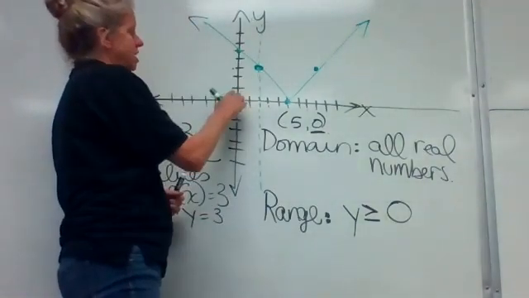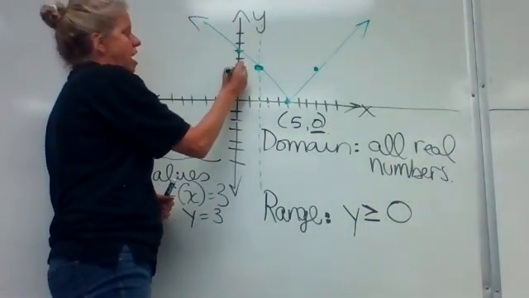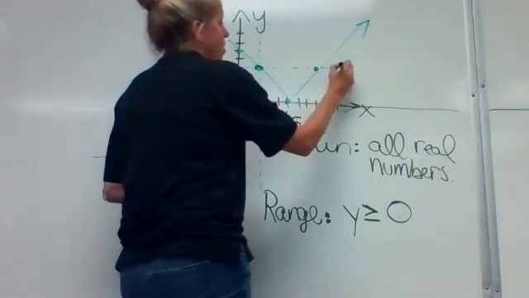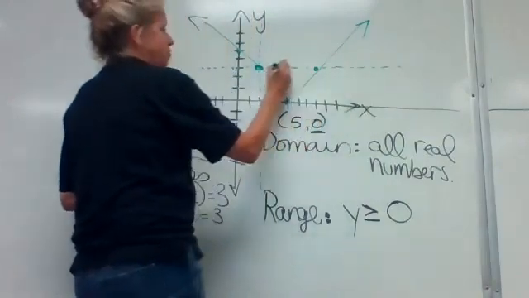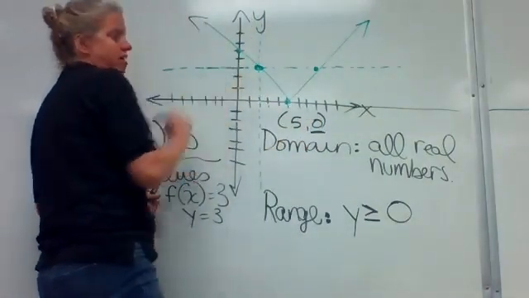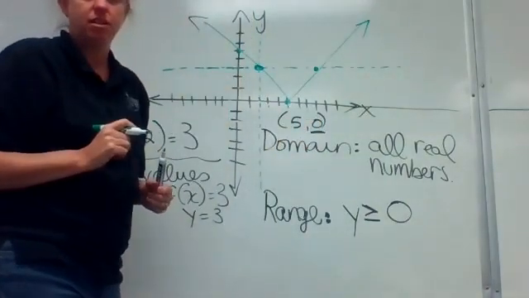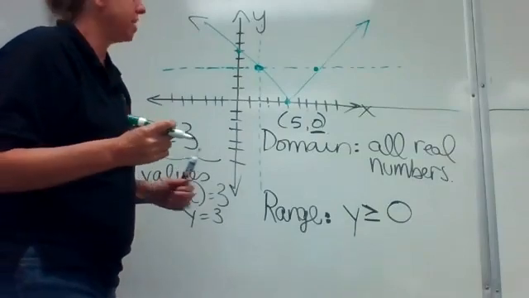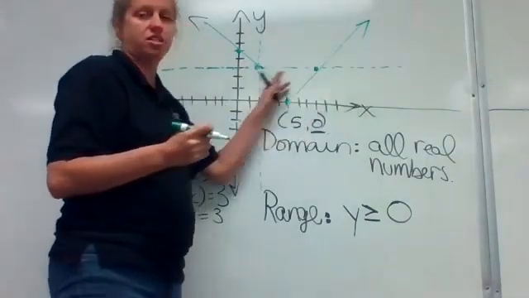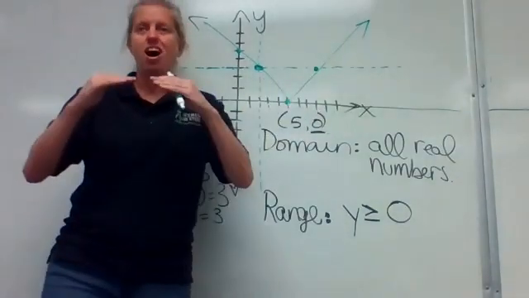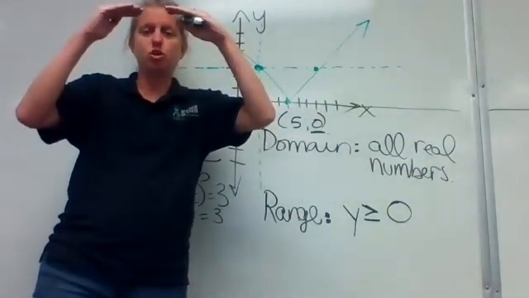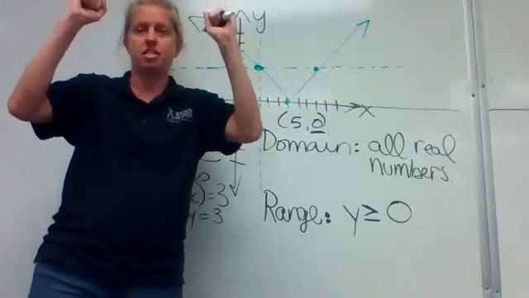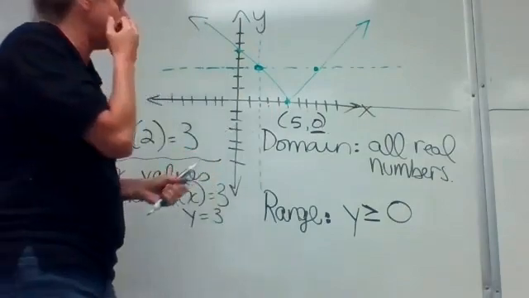So y-axis, 1, 2, 3. Here's where y is 3. Anything on this graph that lines up with the y being 3 is what I'm looking for. Because if you are on this horizontal dashed line that I just drew, aren't you up 3? Your y value is going to be 3 if you are up 3. If you are a point that is up 3, your y value is 3.